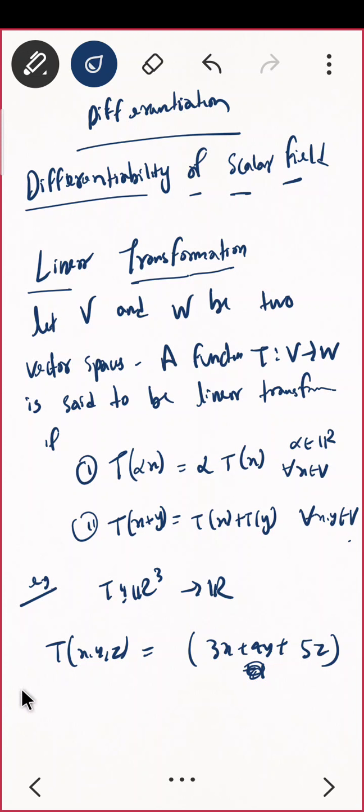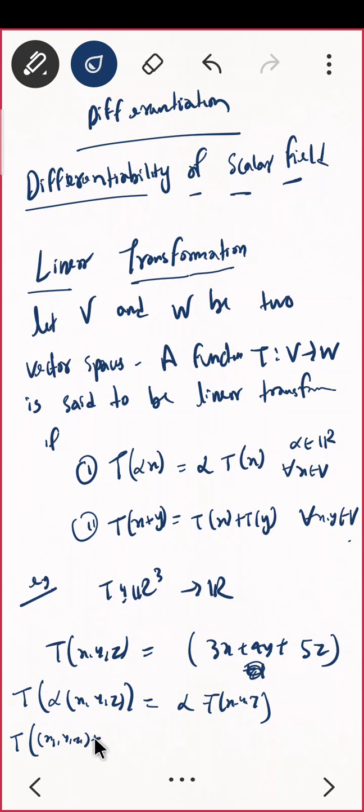First start with the first one: T of alpha times (x, y, z), find whether it is equal to alpha times T of (x, y, z). And the second one will be T of the sum of two points, (x1, y1, z1) plus (x2, y2, z2), and see whether this is equal to T of (x1, y1, z1) plus T of (x2, y2, z2).